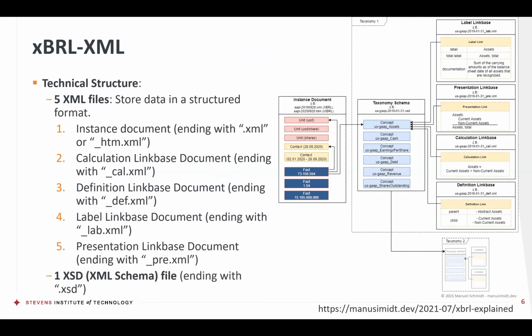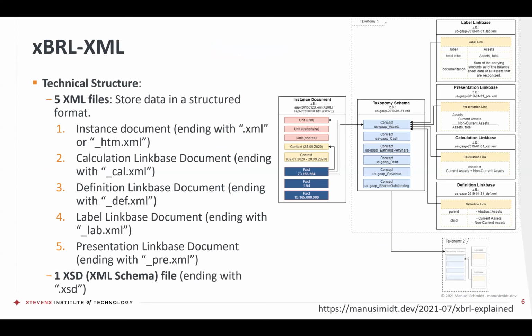XBRL XML is the original format. It typically includes 5 link-based files: calculation, definition, label, presentation, and instance, plus 1 XSD schema. Each part plays a role. Instance documents host the actual figures. Calculation and presentation link bases define how data sums up and appears.